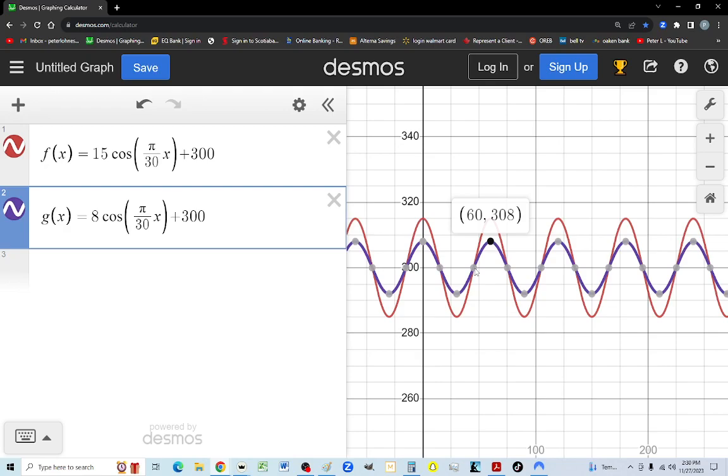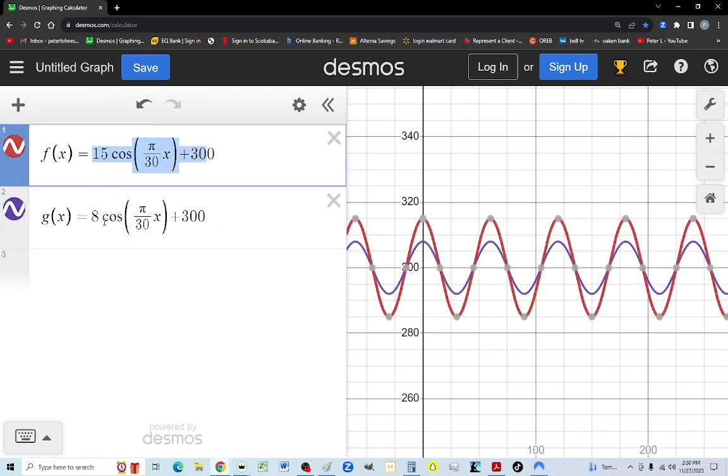As it turns out, they'll meet at the 45-minute mark, which makes sense, because that's 9 on the hour hand and 45 on the minute hand. And they meet up at the 15, which makes sense because that's 3 o'clock on the hour hand and 15 minutes on the minute hand. So that's a perfect replication. This just creates an amplitude of 8 for the hour hand, which is shorter, but the axis is going to be the same and the period is going to be the same. There you go. You have those two.